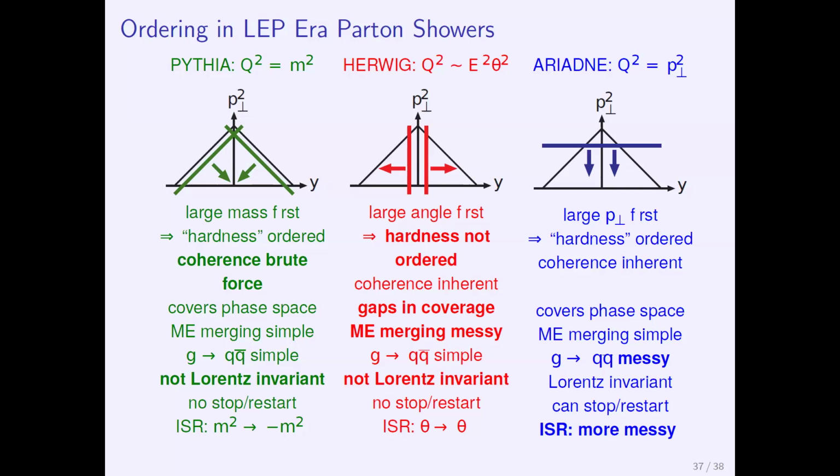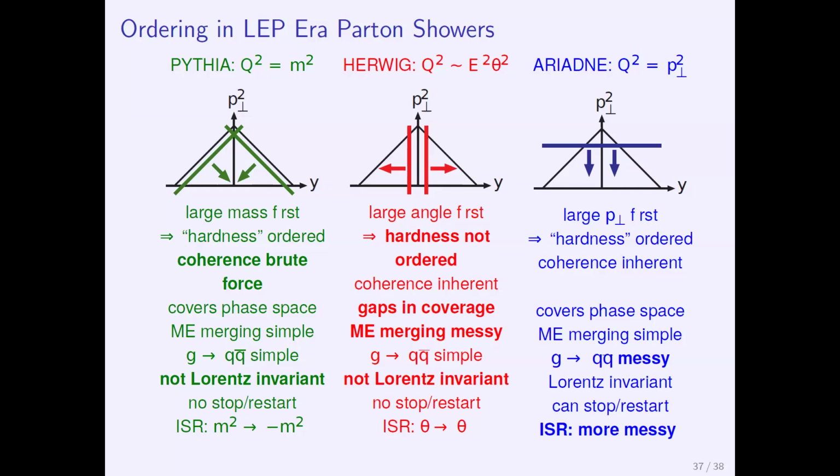So it turns out that each of these was chosen for a very specific reason, because they allowed certain things to be done better than other things. So for example, in this, you cover your phase space really quite nicely. Here, your hardness really isn't ordered so much, so there are gaps in your phase space.